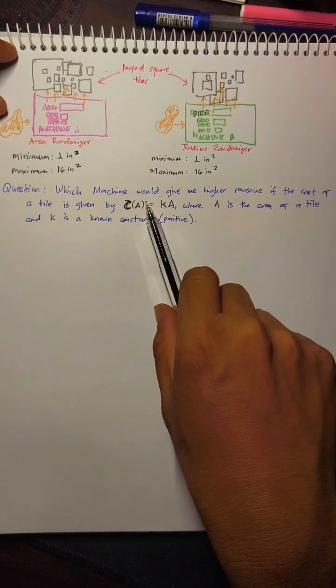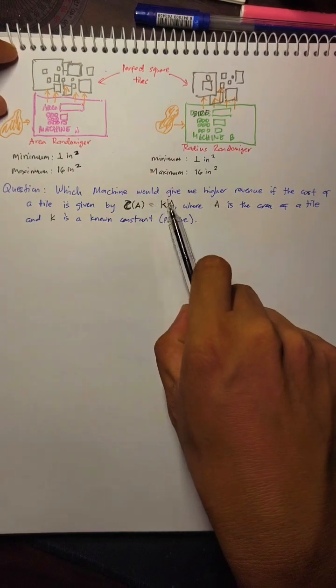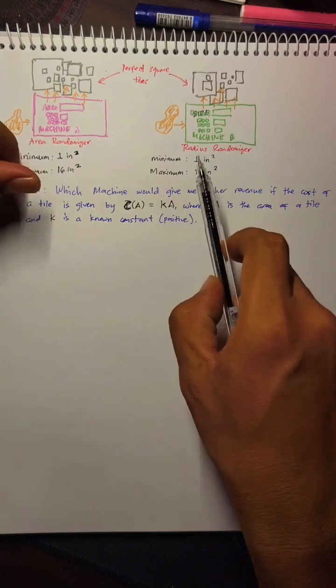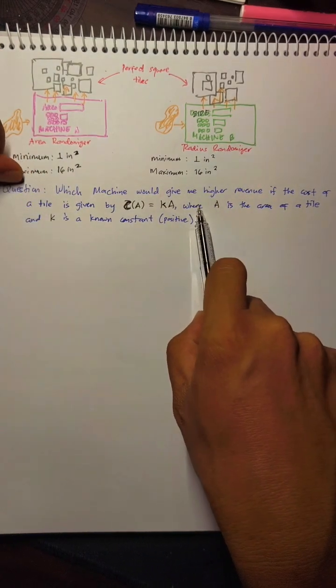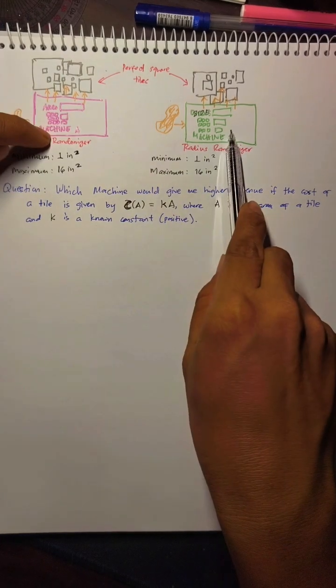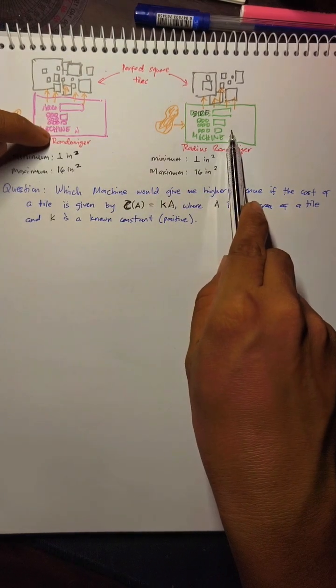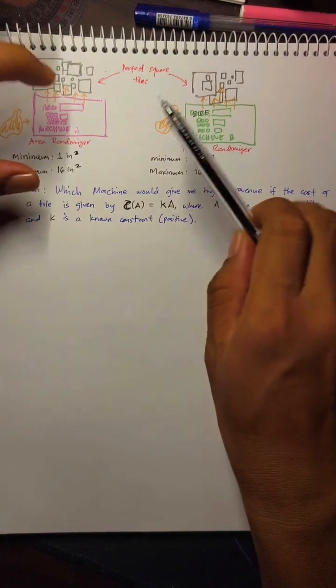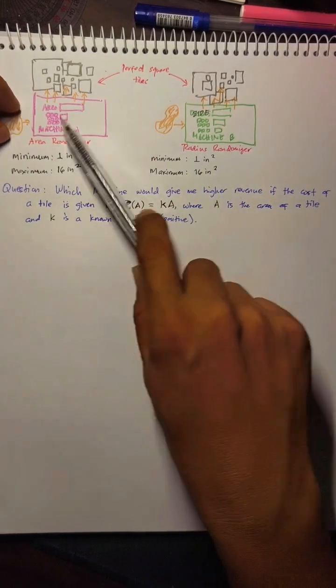Well, it's easy. To calculate which one would give us the bigger revenue, all we need to do is calculate the average of both. If both machines give us the same average, then they will give us the same expected revenue, given the same units are made for both.